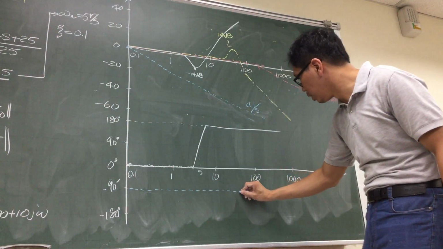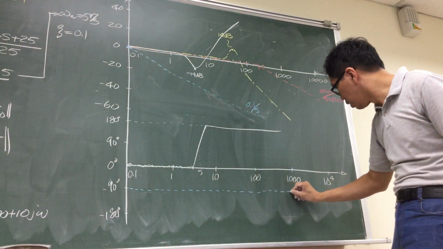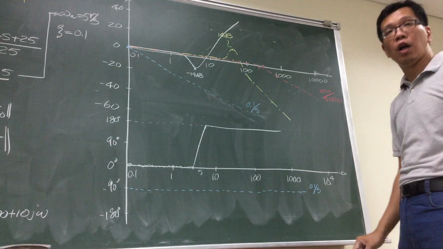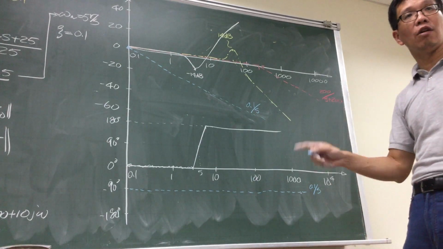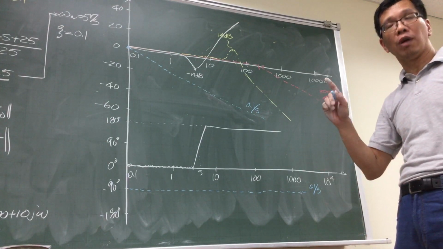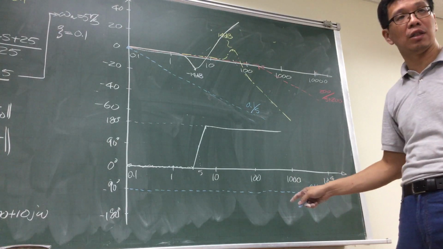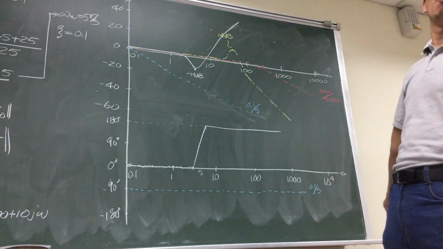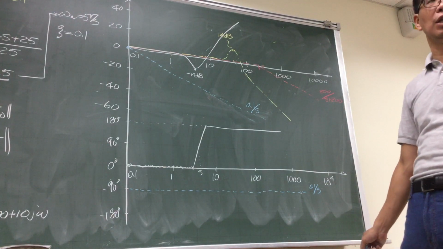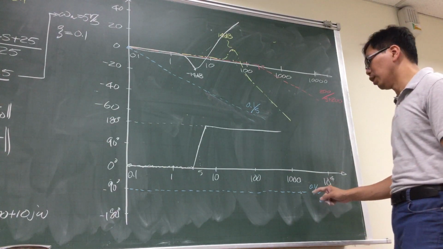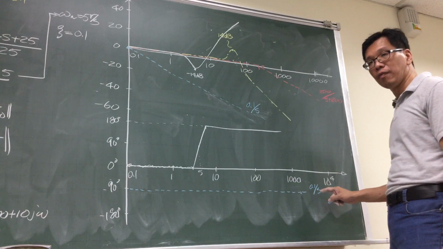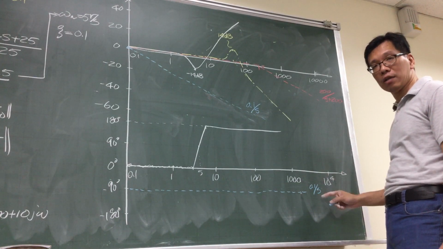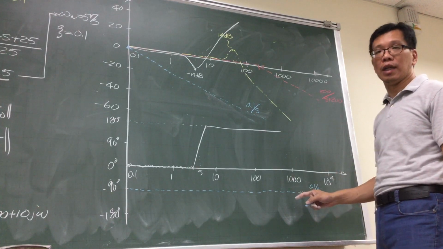Once more, does the gain over here affect the phase? No, because gain does not do anything to the phase. It doesn't matter: 1 over s, 100 over s, 1000 over s, 1 mega over s. It is always negative 90 degrees.